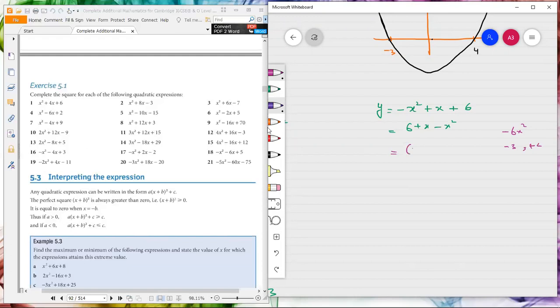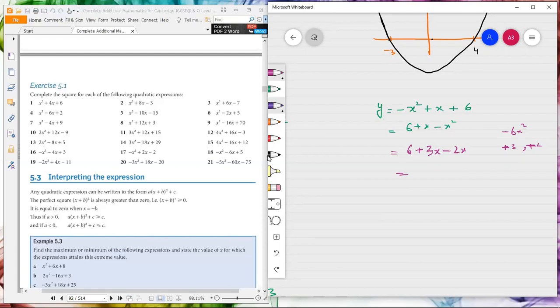So the factors are 6 plus 3x, and then minus 2x, because this is positive so 3x will be positive while 2x will be negative. So 6 plus 3x minus 2x minus x square.